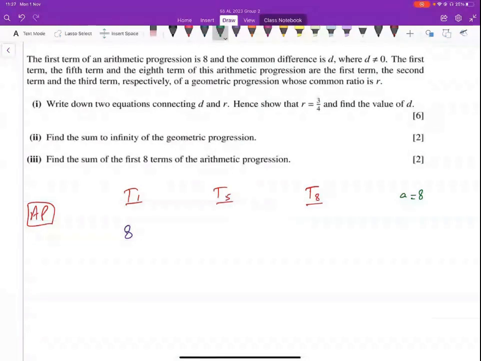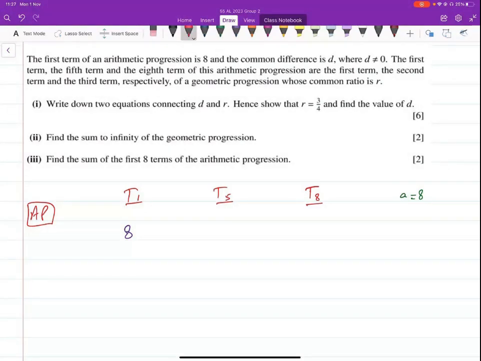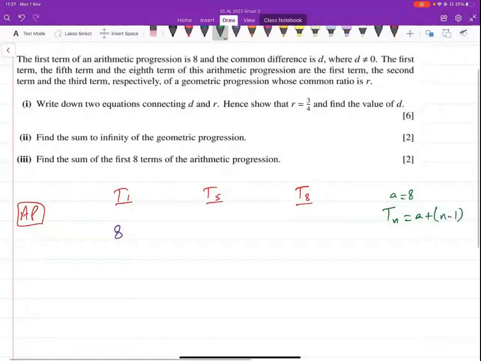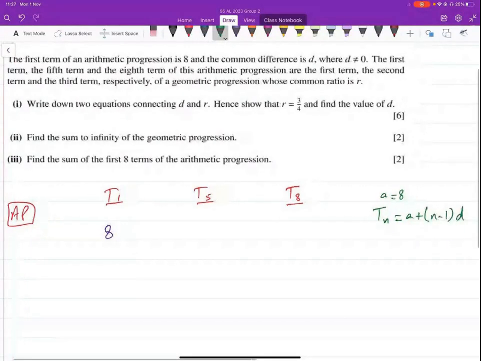8 plus 4D, right? So we know that the term formula for an AP is given by this: Tn equals A plus n minus 1 times the difference. That's the term formula for an AP. We just input values in that, put n equals 5, so we get 8 plus 5 minus 1, which is 4.